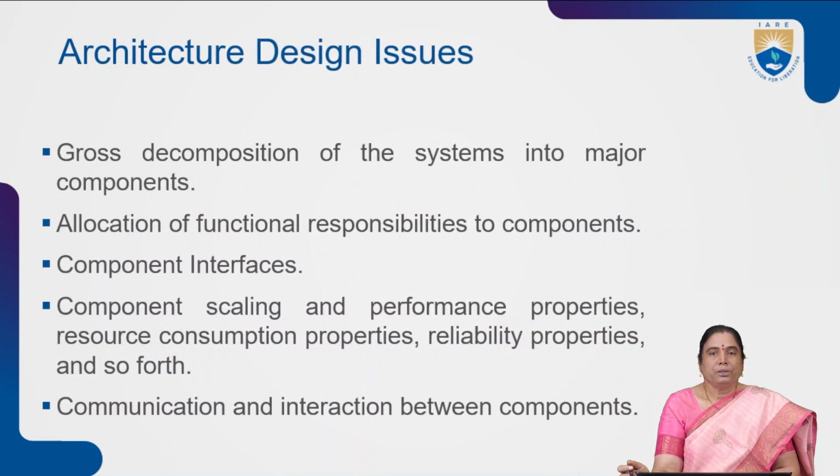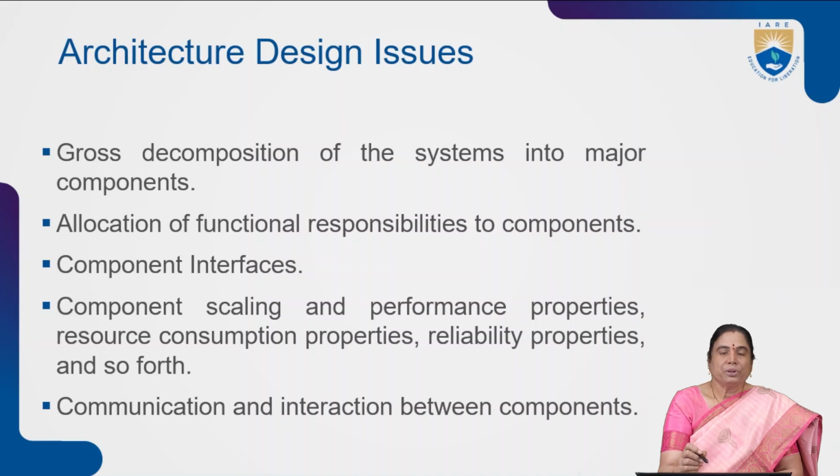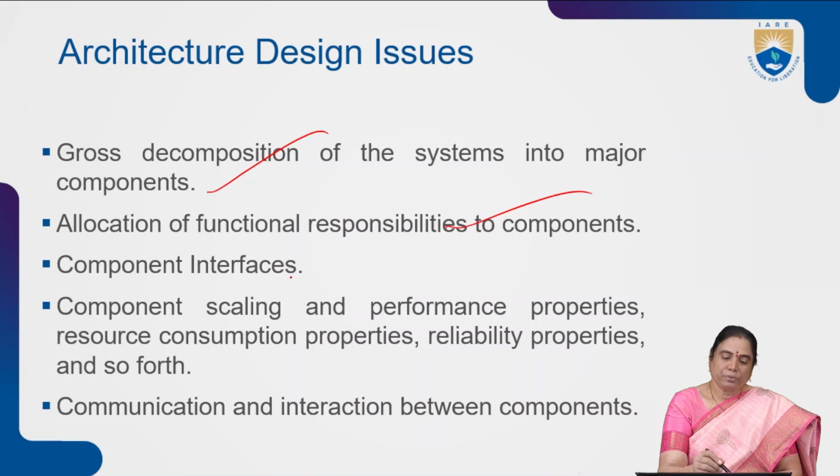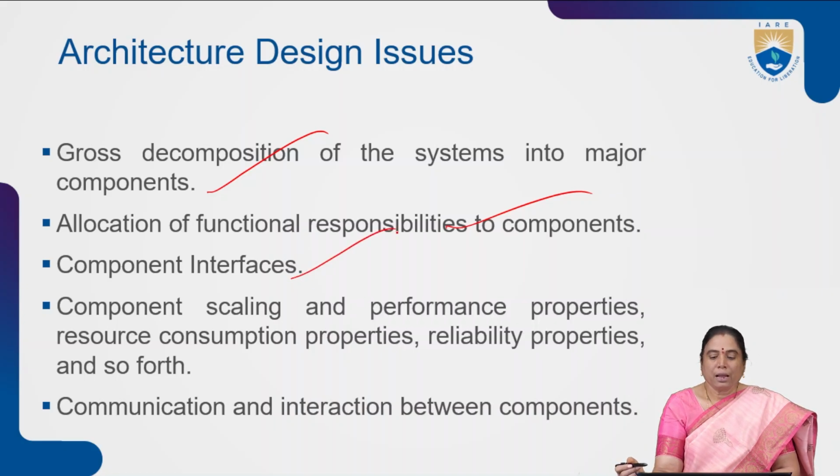The architectural design issues are the gross decomposition of the system into major components. So the functional independence and process decomposition, allocation of functional responsibilities to components, component interfaces, component scaling and performance properties, resource consumption properties, reliability properties, as well as the communication and interaction between the components are greatly concentrated on in the case of architectural design issues.